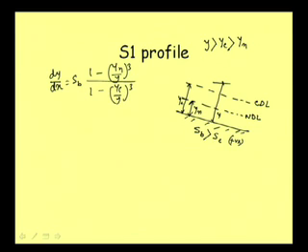Here we can see that as the profile is in zone 1, y is greater than yn, which means the ratio yn by y in the numerator is a fraction, and that will be less than 1. So, 1 minus less than 1 will become positive.